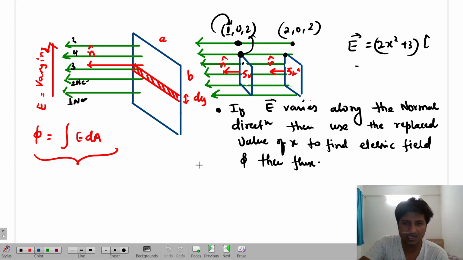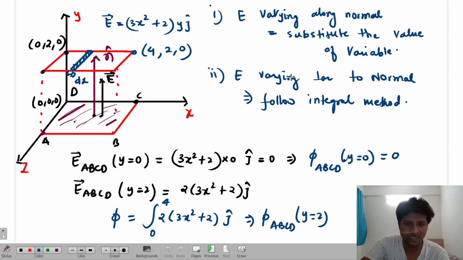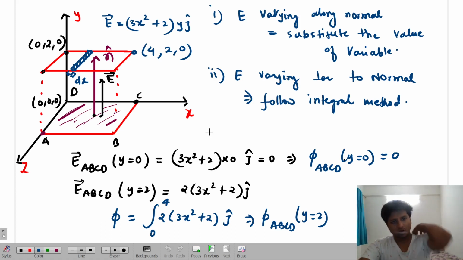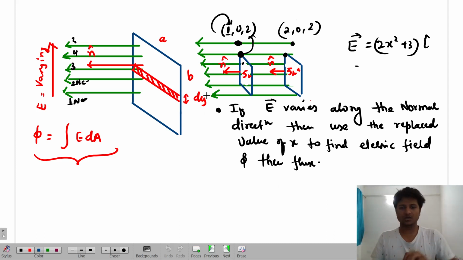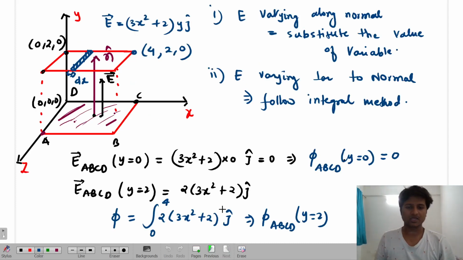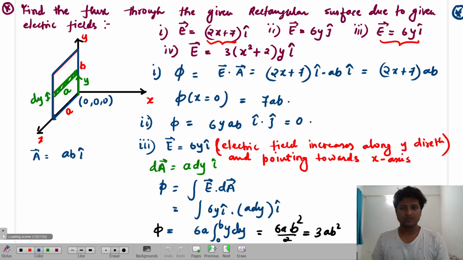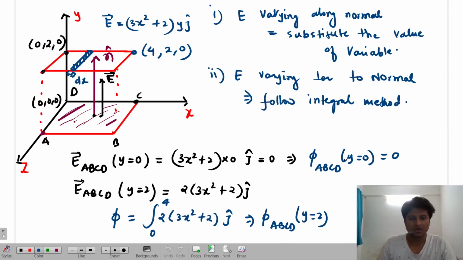For varying along the direction of normal, I have to just replace the variable, the value of variable, which is given as a coordinate. And for the case of perpendicular to the direction of normal, I have to consider the particular variation and then use the method of integration, isn't it? So we completed all these questions, four parts of the questions, right or not?